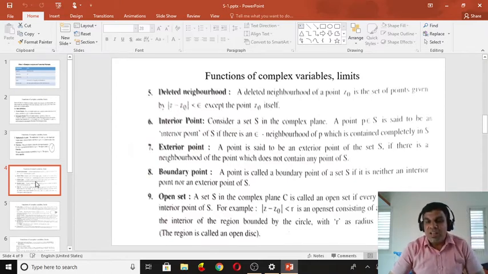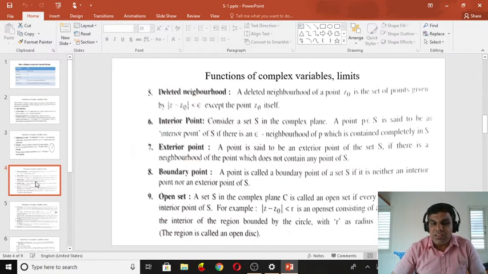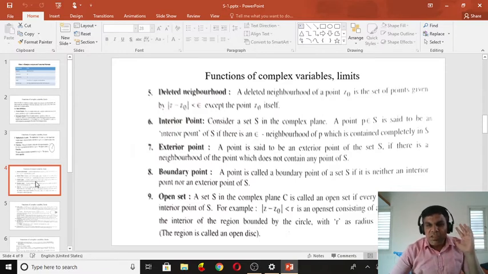The open set consists of all points within the interior of the region bounded by a circle. Unit circle means the radius is 1, but whatever the radius may be, 1, 2, 3, the points within that circle make up the open set, with radius R and center Z naught.